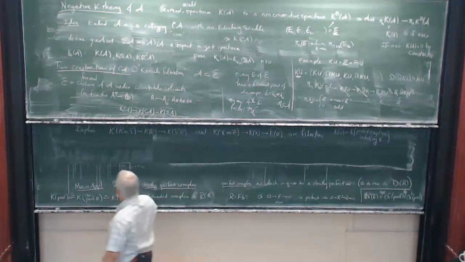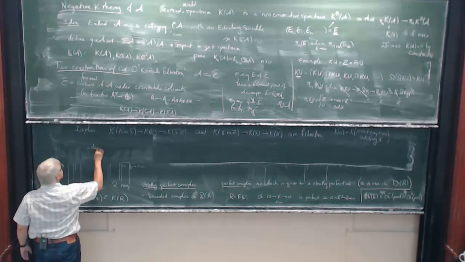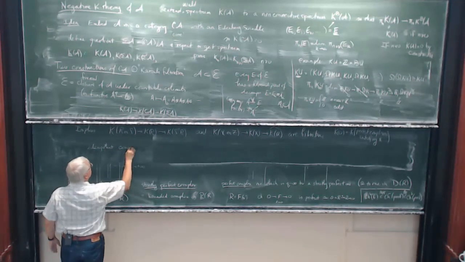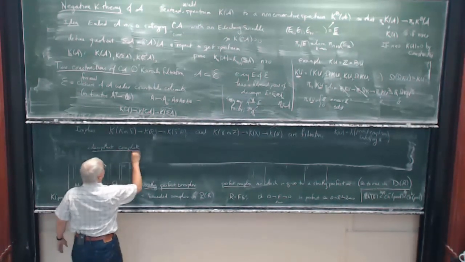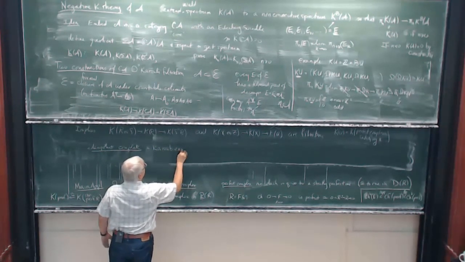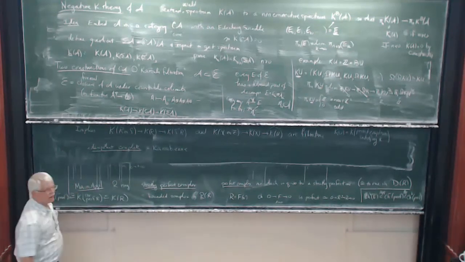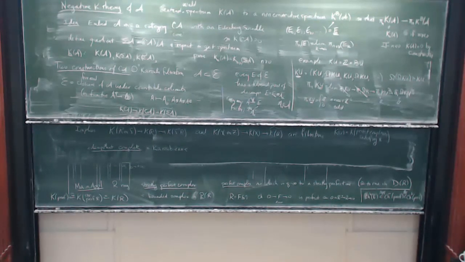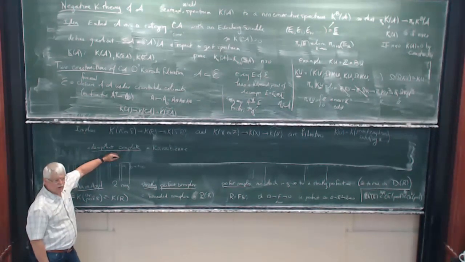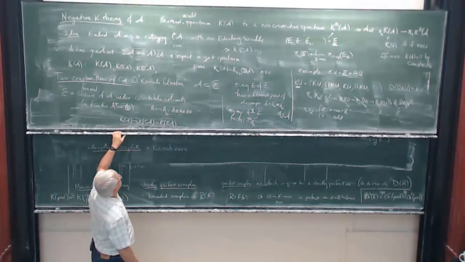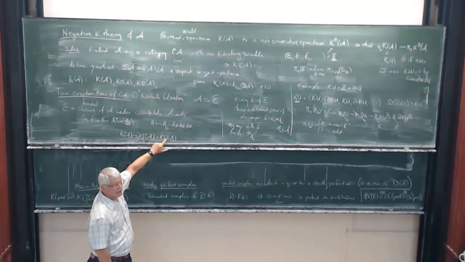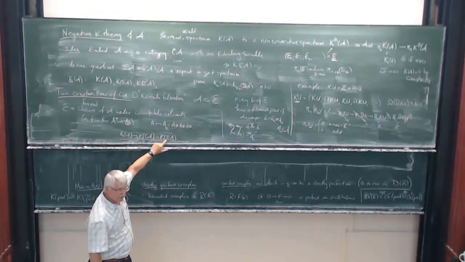And since I'm in Europe, lots of people in Europe refer to this as a Karoubian condition. I'm hiding the fact that what you have to do here is not only take the quotient, but you have to take the idempotent completion. So next lecture, I'll say more about this.